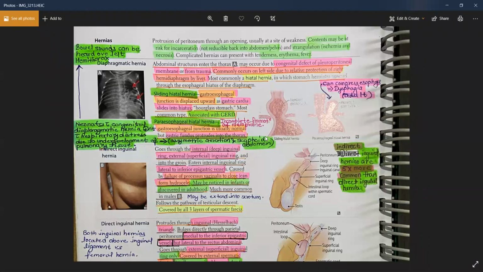Remember, we have studied this scaphoid abdomen. Where have we studied this previously, where you can find a scaphoid abdomen in a patient?